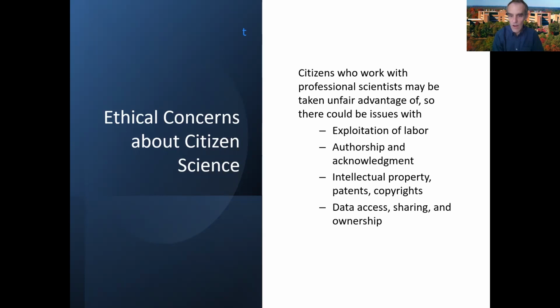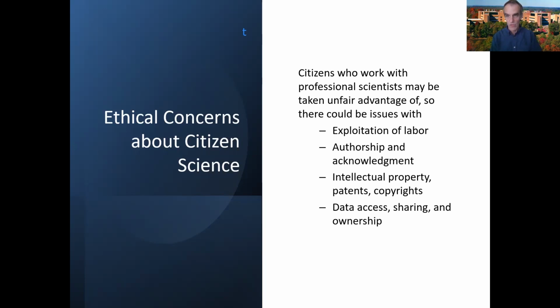Intellectual property rights, such as patents and copyrights. This may be an issue in citizen science. I know there could be a situation where you've developed some kind of patented invention or test or whatever as a result of citizen help. And then, what kind of intellectual property rights are they given?